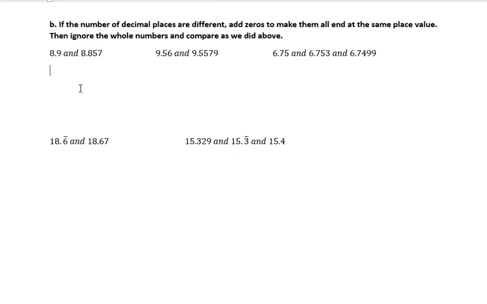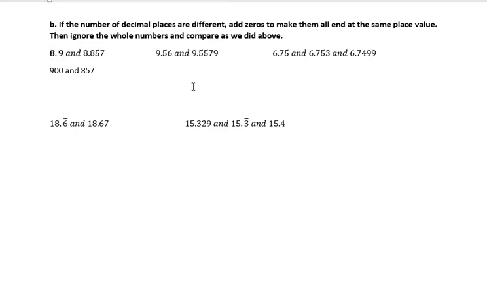They're both the same. This second number has 3 decimal places, so I'm going to write 2 zeros onto 9 and then the 857. Now I have 2 numbers that have the same number of places, and I can easily see that 900 is greater than 857, so 8.9 is the greater number. I'm just bolding the greater number here rather than typing that out.